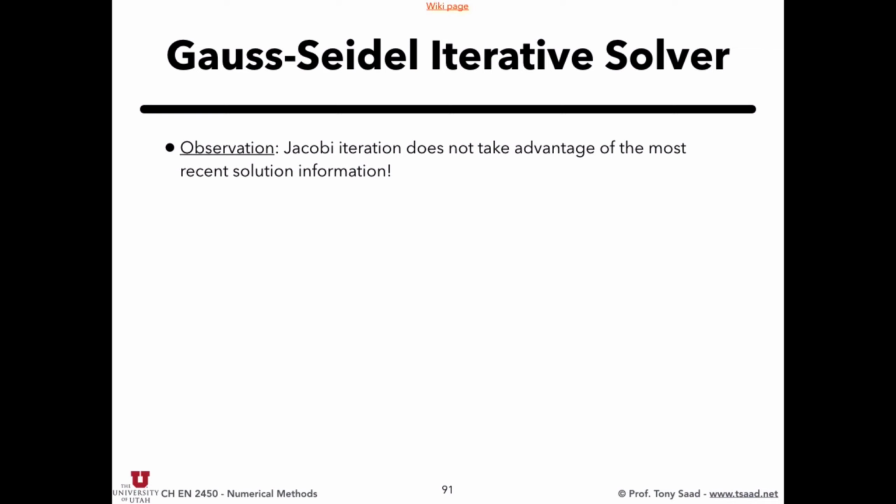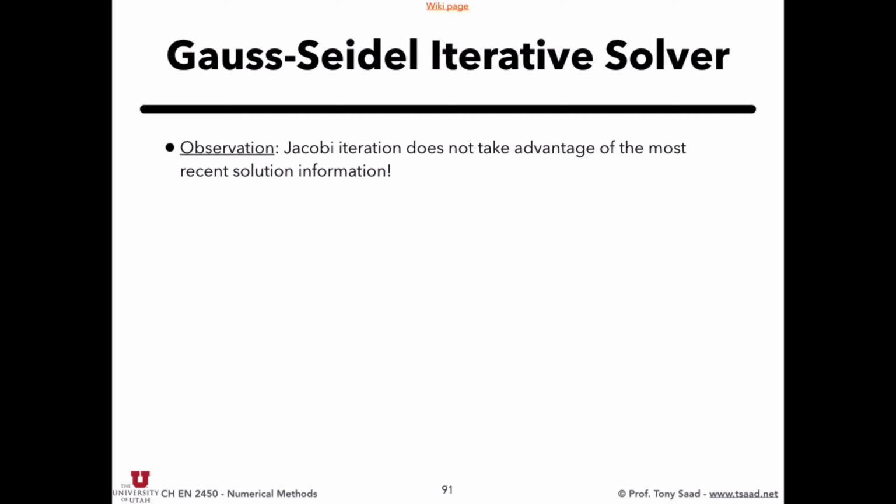Now you go to x2, and you're saying x2 at k plus 1 is equal to everything at k, including x1 at k. But you just computed x1. You have a new value for x1. So one could say, why don't we use the most recent value? Why keep using the old values? Why don't we use the most recent update?